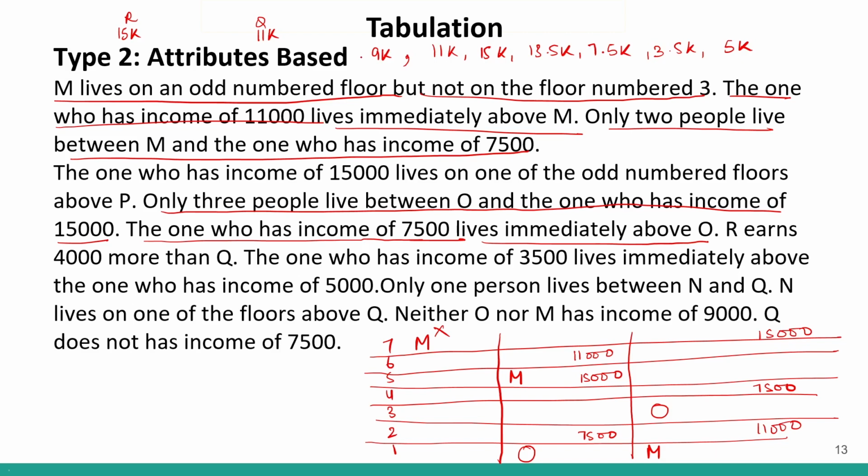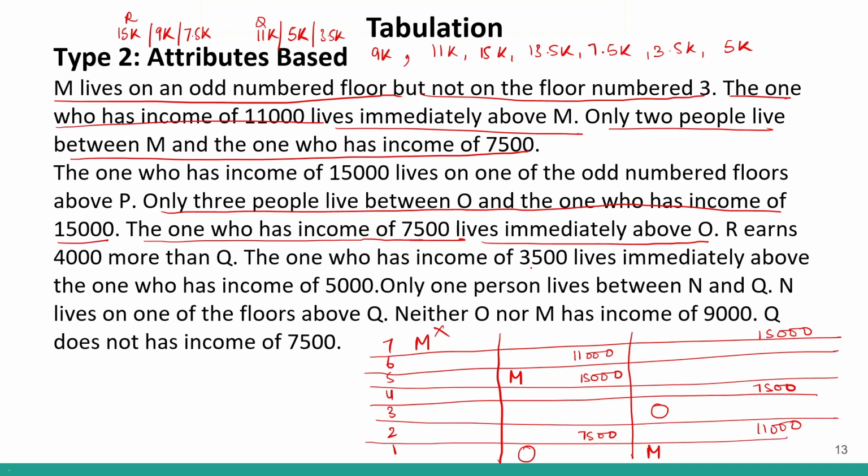Moving on to 9 and 5: if R earns 9K, Q will earn 5K. Then if R earns 7.5K, Q will earn 3.5K. So these are the three possibilities. Let us hold this information.